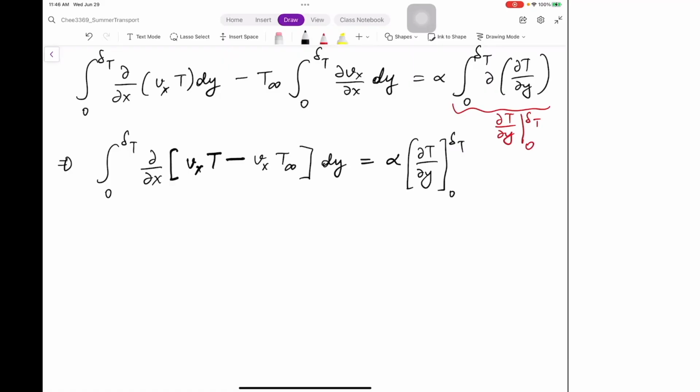One question is a similar question we asked in the momentum case. Can we actually bring the derivative out of the integral?